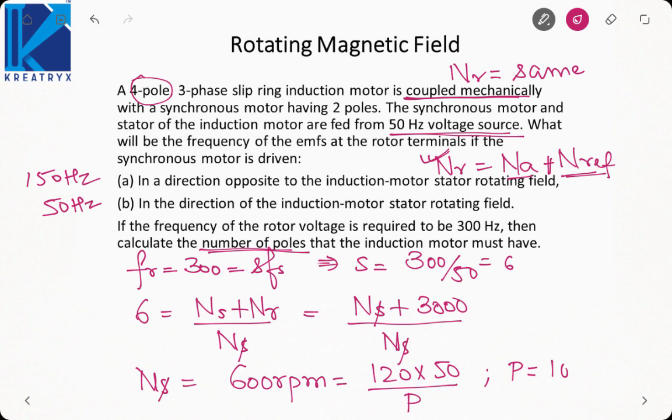So the number of poles will be 10. That means if the induction motor is constructed with 10 poles and the rotor is rotated opposite to the magnetic field, the frequency induced in the rotor shall be 300 Hertz. Is it fine?